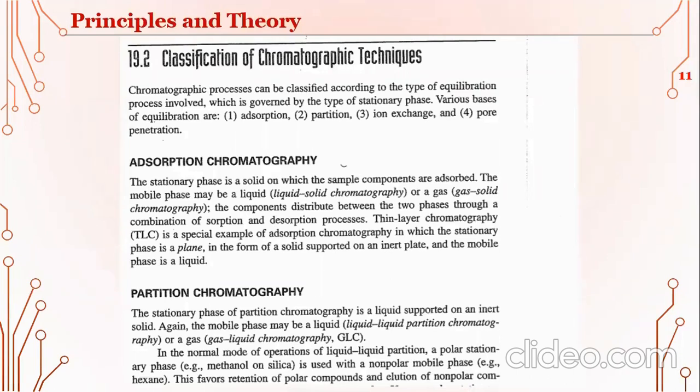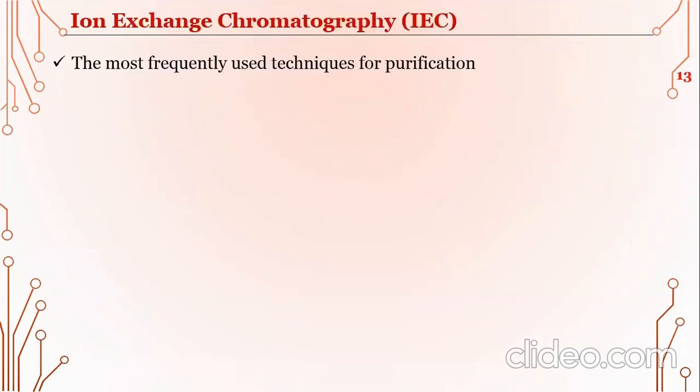Okay Suhaib, sorry I cut you off, but I want to explain for the class actually. Ion exchange chromatography is a frequently used technique for purification. It is just like simple chromatography, but it is used for separation of biomolecules. Generally we deal with biomolecules like proteins, amino acids, nucleic acids, and this sort of thing. So ion exchange chromatography is more relevant to us.